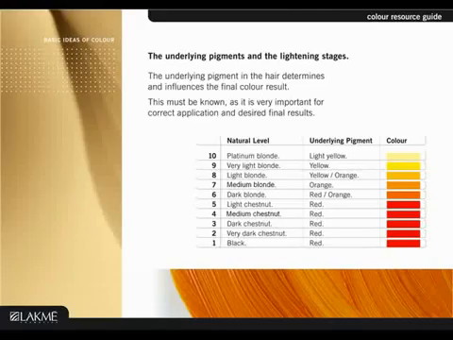If we are creating a final formula that has more of a warm golden blonde end result, then the underlying pigment of yellow actually assists us in getting to that task. If our formulation was taking us to a level 9 where we wanted the end results to be more cool or neutral, we would know that we would need to neutralize that underlying pigment of yellow at level 9.